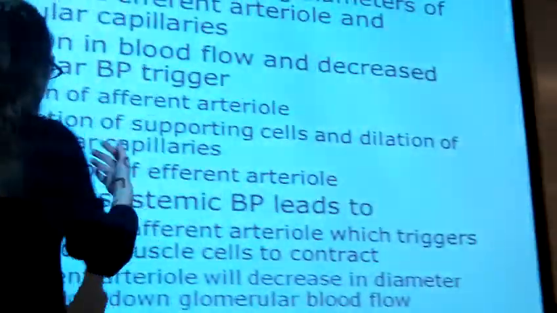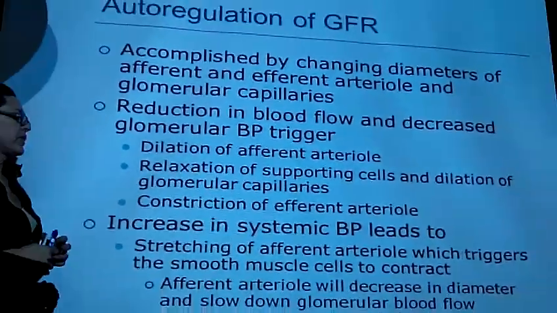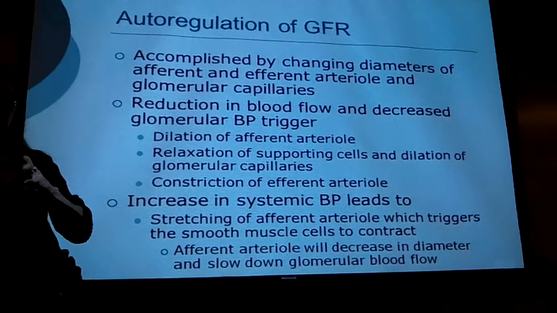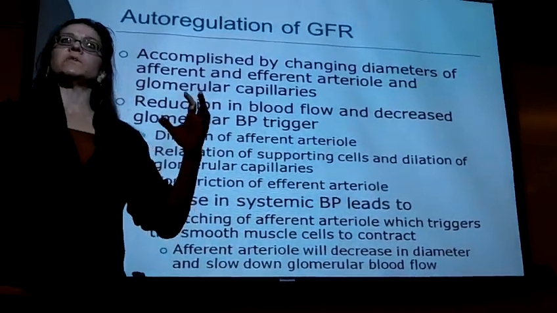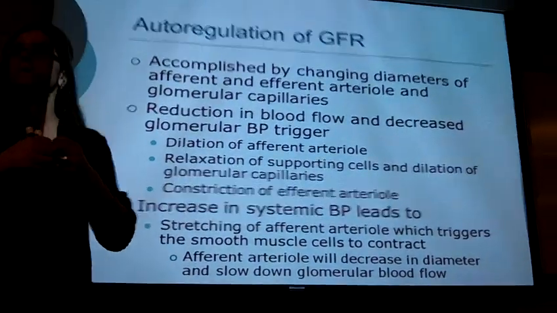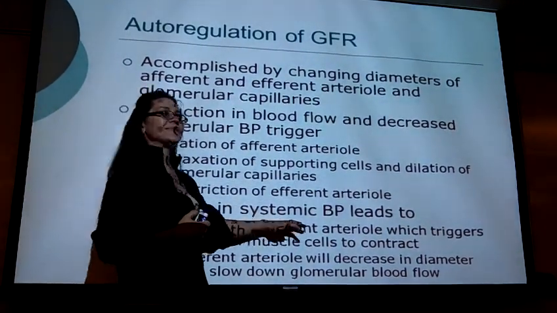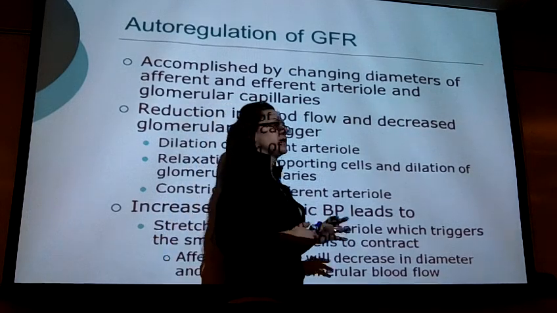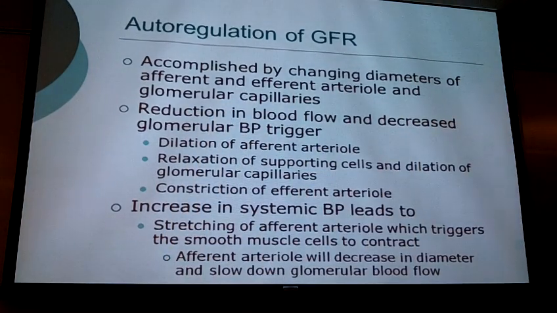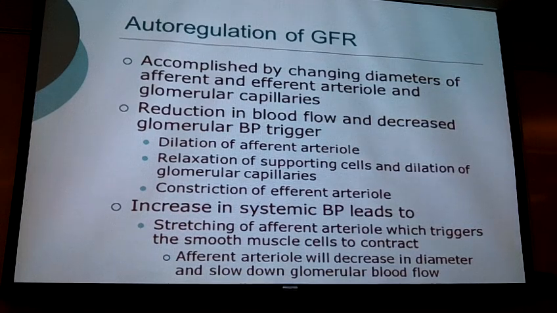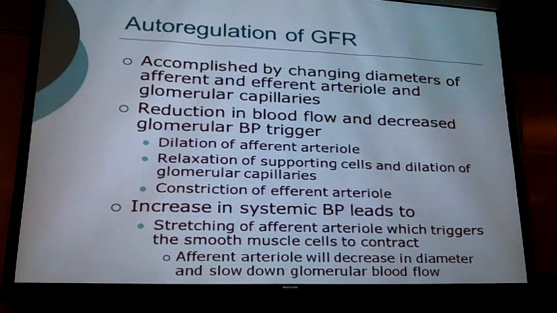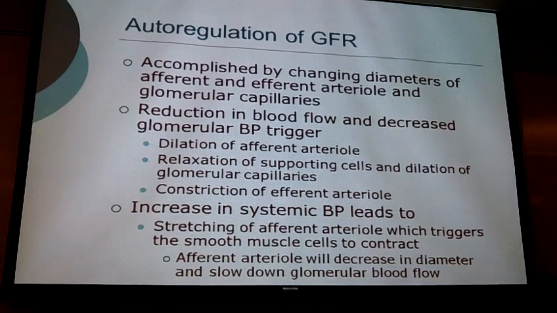Now, also what will happen, we've talked about the fact that if smooth muscle cells stretch, they will respond by contracting. That's an inherent property of these cells. So if we start to have an increase in systemic blood pressure, so now we're talking about not just one glomerulus, if across the whole body we start to see a rise in systemic blood pressure, then at all of these glomeruli, chances are the pressure will be a little bit higher.